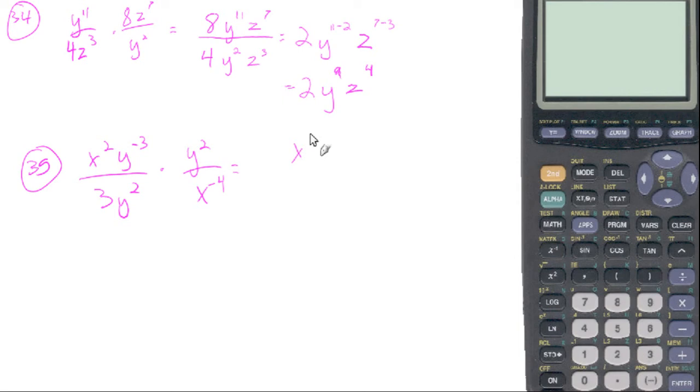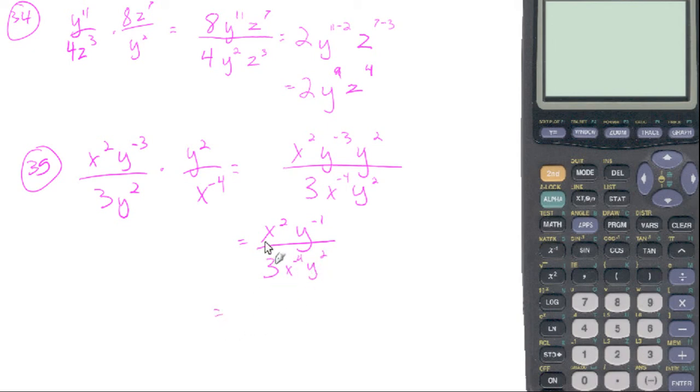So we get x squared times y to the negative 3 times y squared over 3x to the negative 4 y squared. Okay, we get these two y's here, so let's put those together. We just add these two exponents together, so this would be a negative 1. That's x squared times y to the negative 1 over 3x to the negative 4 y squared.